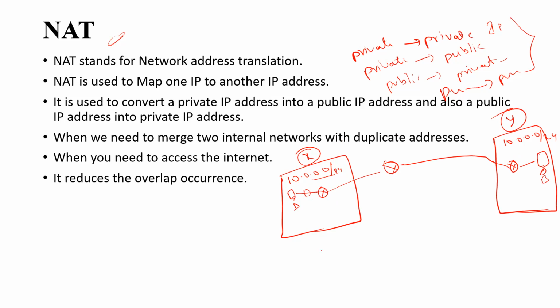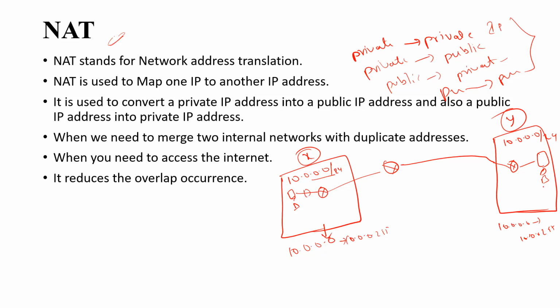It means we have IP addresses from 10.0.0.0 to 10.0.0.255 in this network. In a similar fashion, in network Y we have the same subnet, 10.0.0.0 to 10.0.0.255.